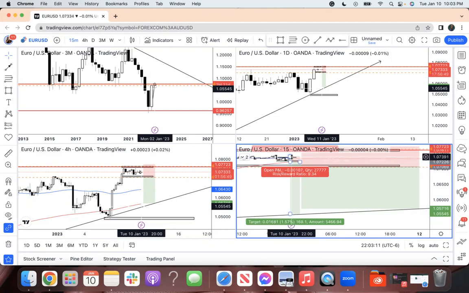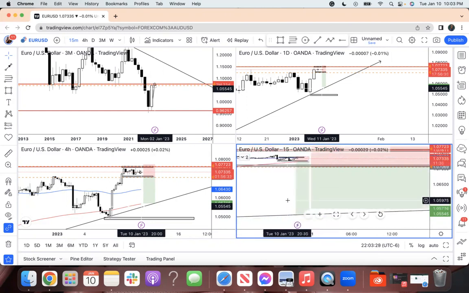Because remember, you initially only risked 18 pips, and you could have potentially earned 168. So that would be an amazing risk to reward ratio.